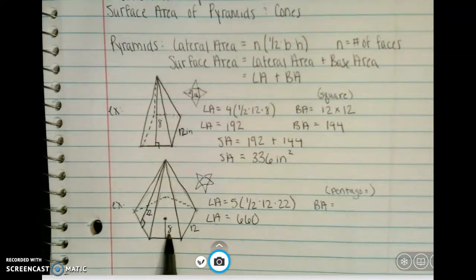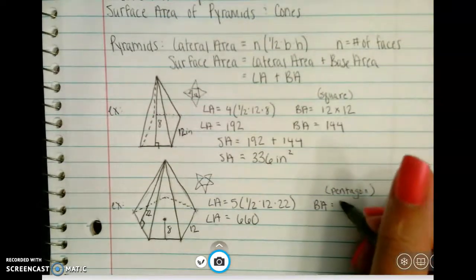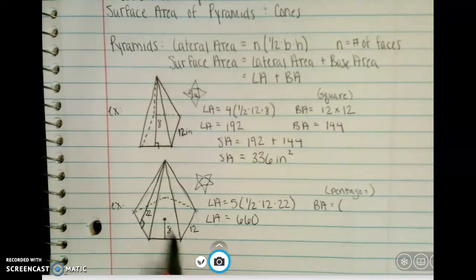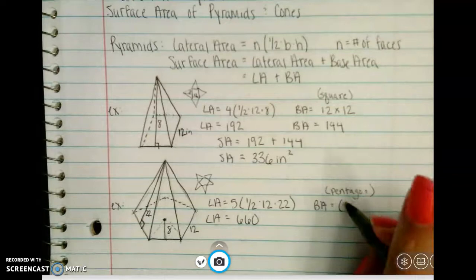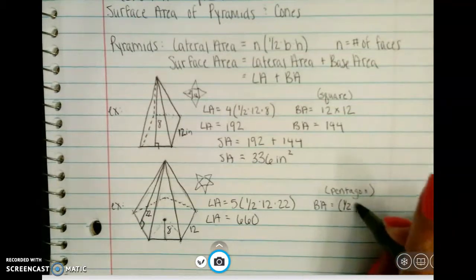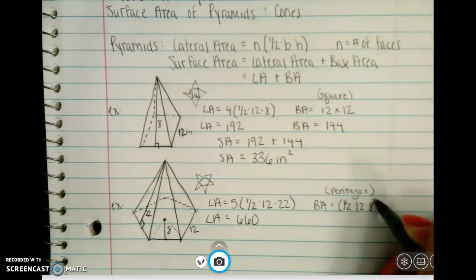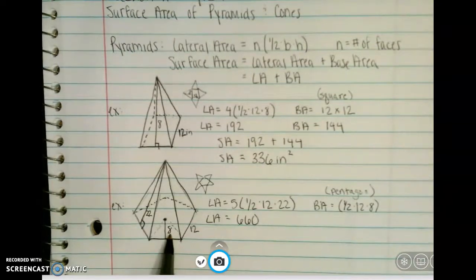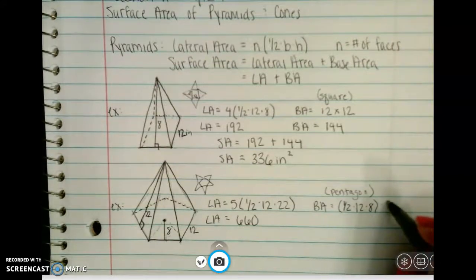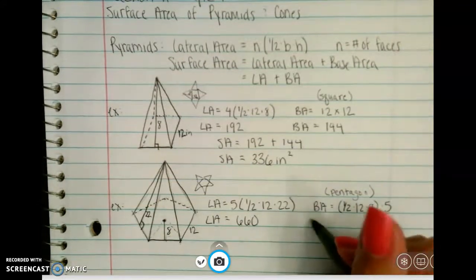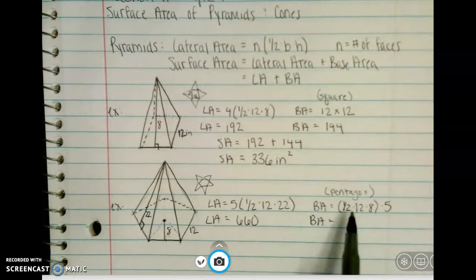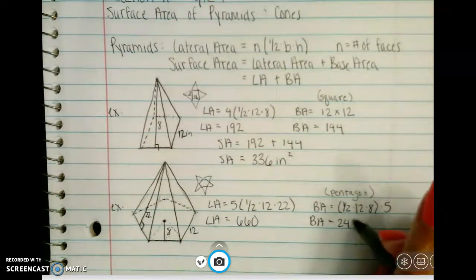So the base area is going to be, because it's a pentagon again, we need to calculate the area of one of these triangles formed inside the figure, which would be half, the base is 12, times the height of that inner triangle, the apothem, is 8, times the number that we would have. So we would have 5. So half times 12 times 8 times 5 is 240.